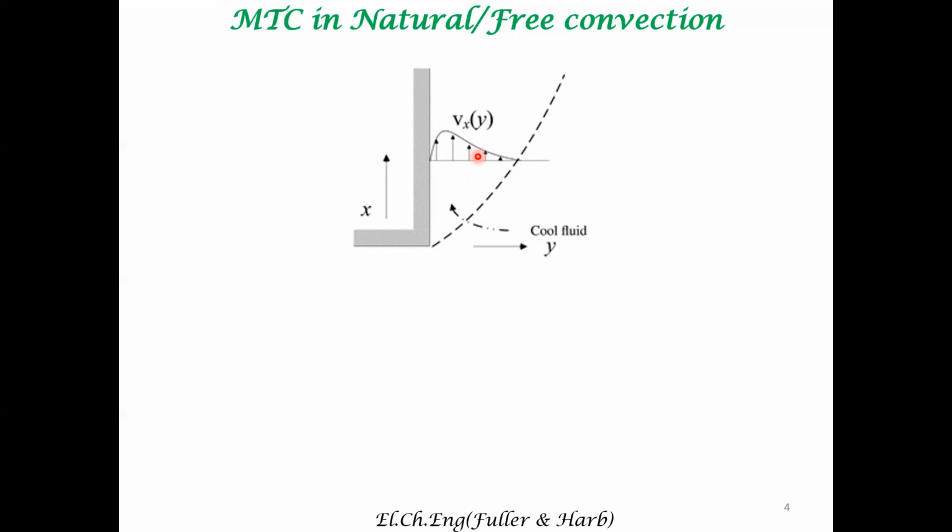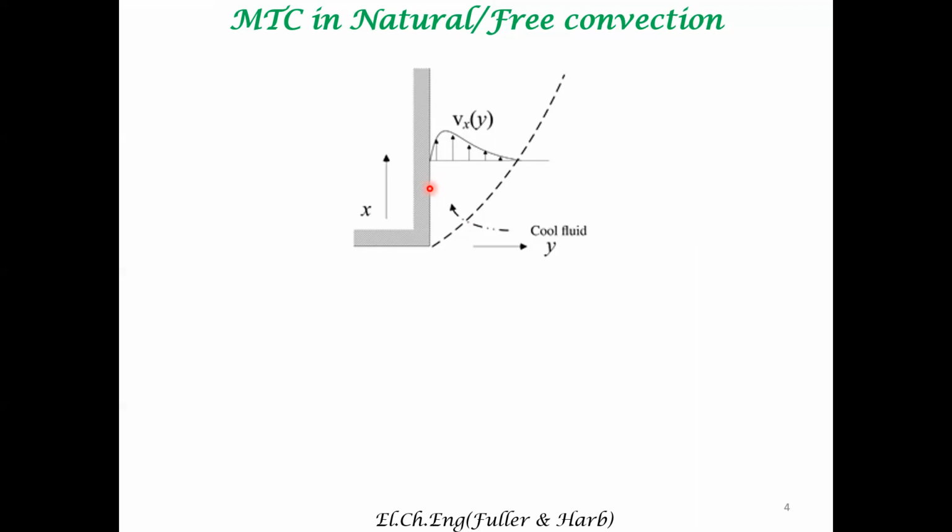So what is the context of these natural convection in the context of electrochemical reactors? The reason why we are discussing temperature here is that similar effects, what are the similar effects? The temperature induces density differences.